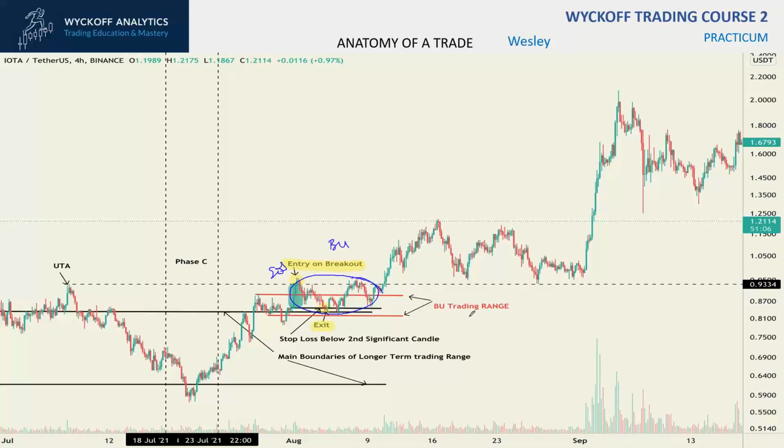And we see that the entry that Wesley made was a little bit suspect here. It was a bit of an attempted breakout. You'll notice the dotted line that he's got going across.